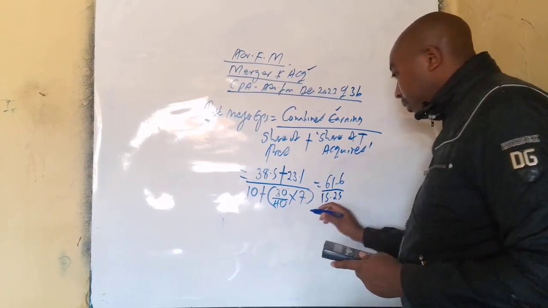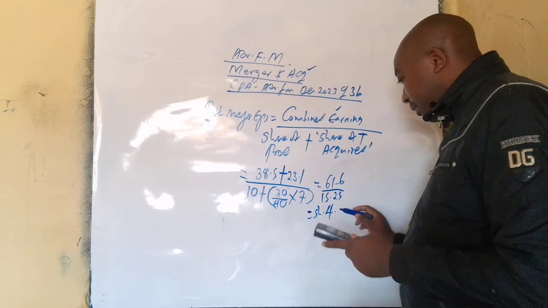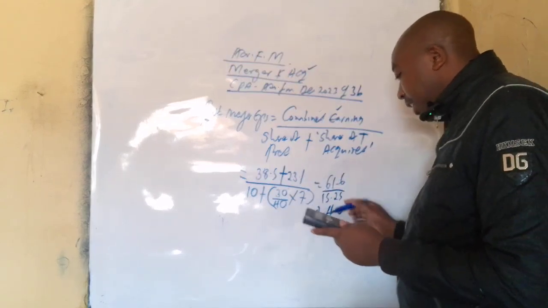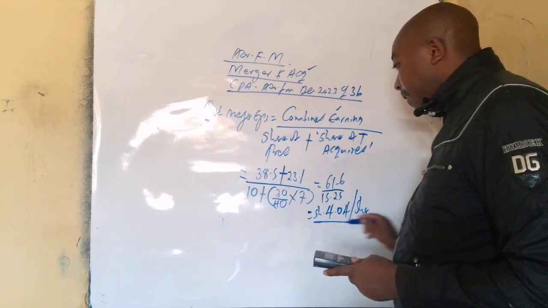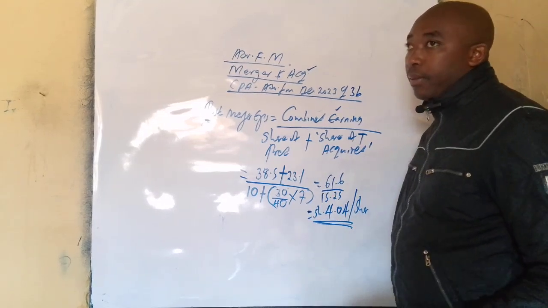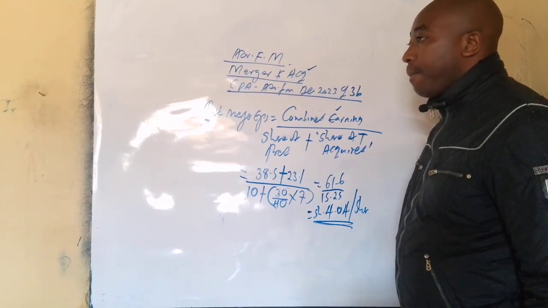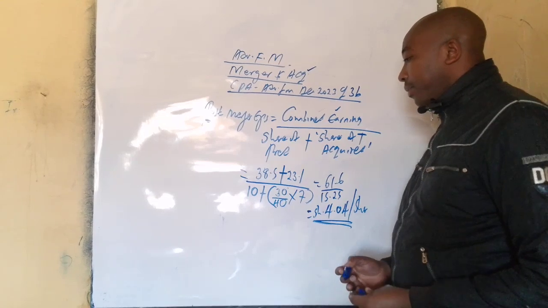We get shillings 4.0039, meaning 4.04 per share. That is the post-merger EPS.